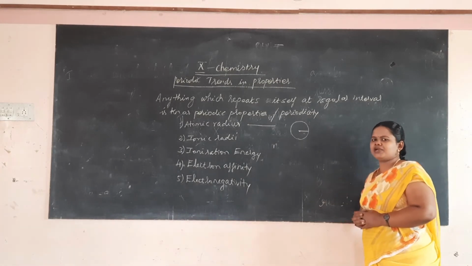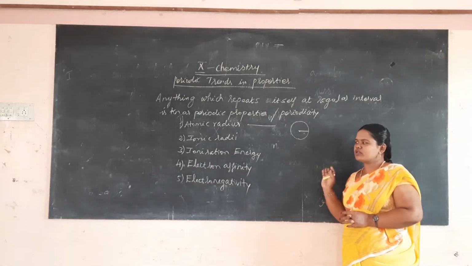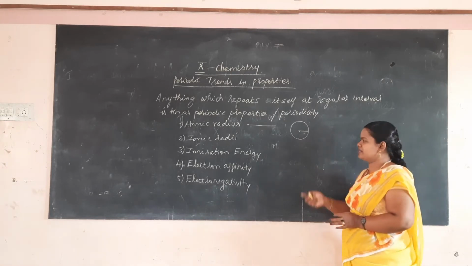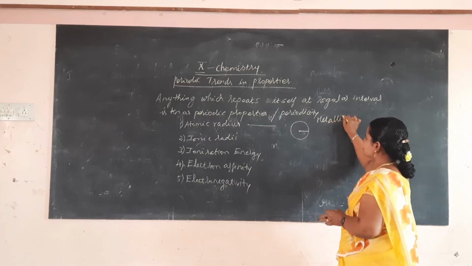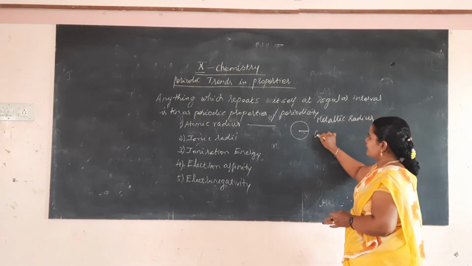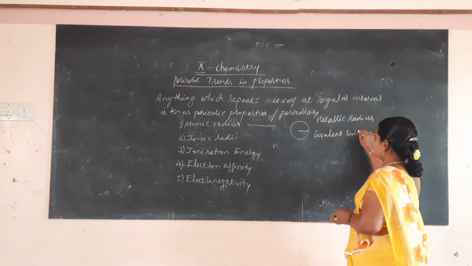It is very difficult to measure the atomic radius of an isolated atom. So except for noble gases, the atomic radius can also be called the metallic radius and the covalent radius.